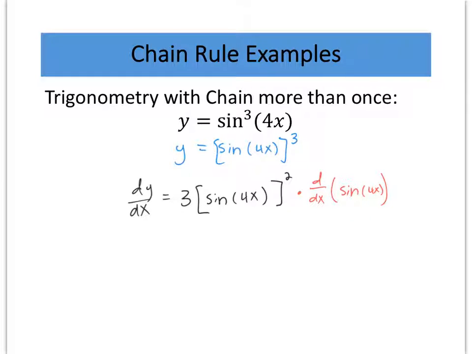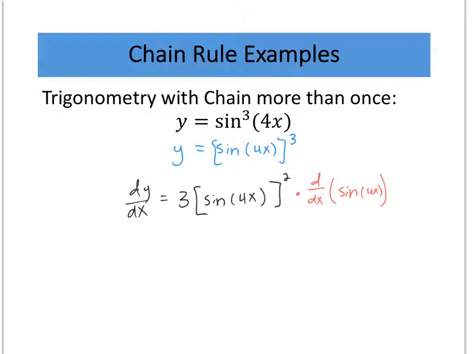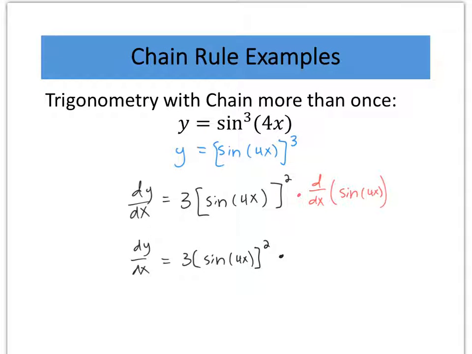So I'm going to just copy everything down so far. So dy dx, this is all the same: 3 sine of 4x squared times, now I'm going to do the derivative here.